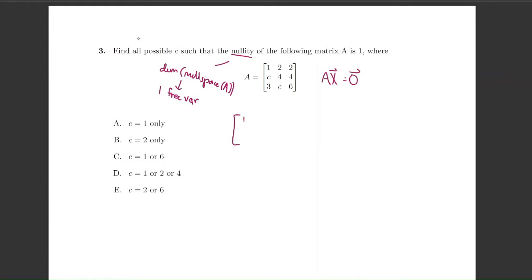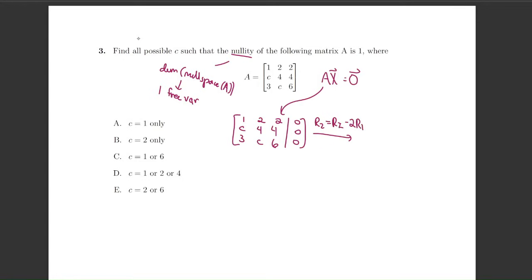So we can write this in our augmented, or our matrix form. So we write this expression here. Okay, and then we can start row reducing. So maybe the first step is row 2 equals row 2 minus 2 times row 1.